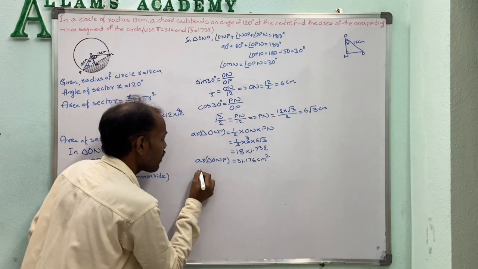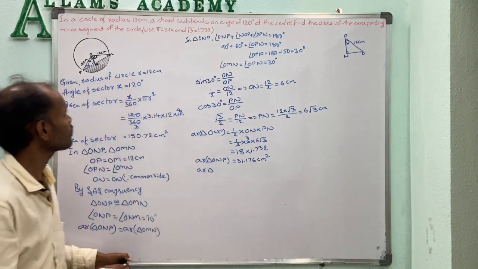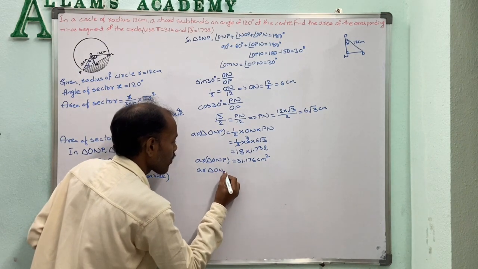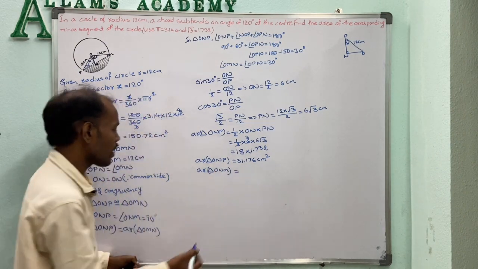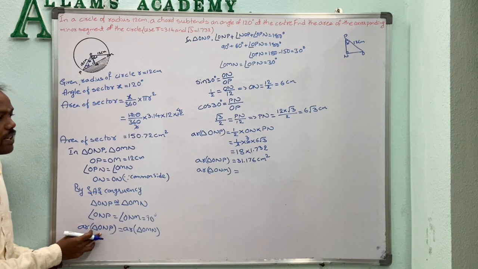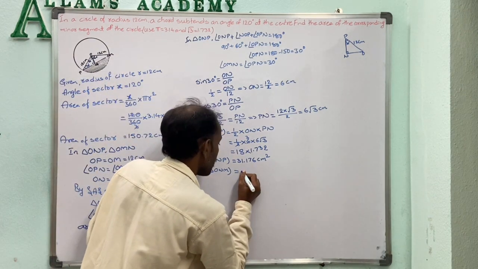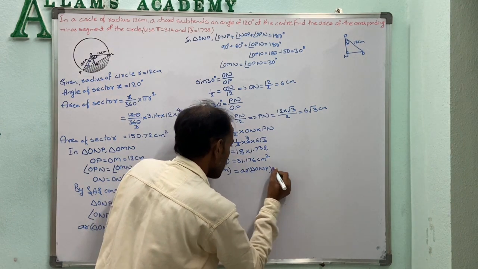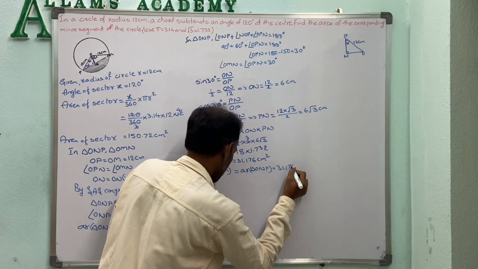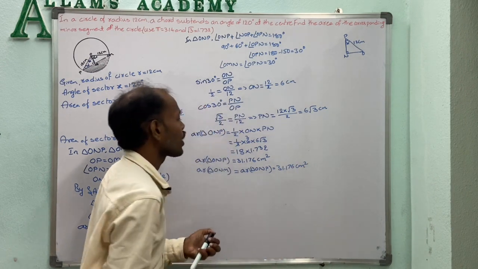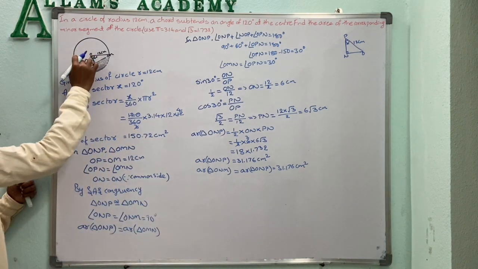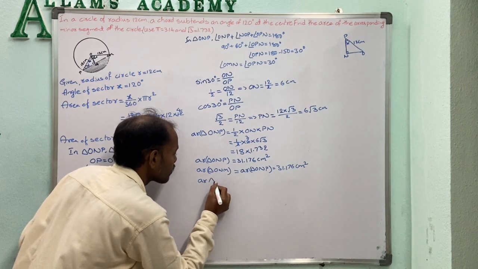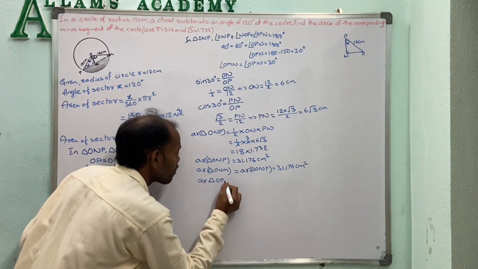So area of triangle ONM is equal to area of triangle ONP. Already we said, area of triangle ONP equals 31.176 centimeter square. Now we want to find the area of triangle OPM.